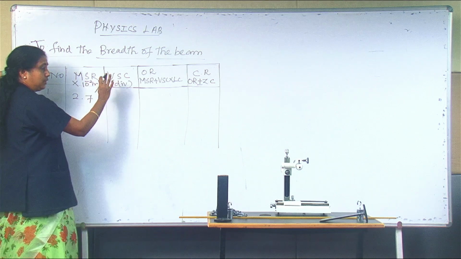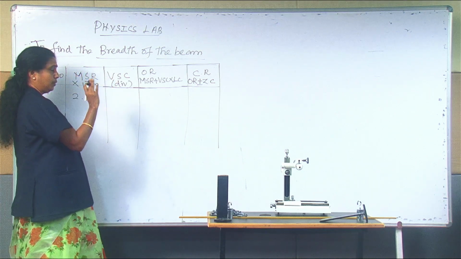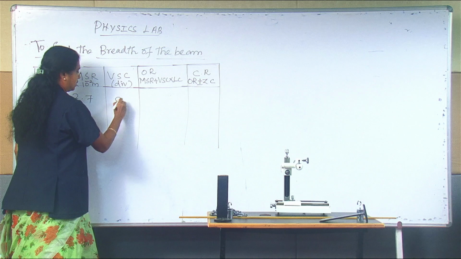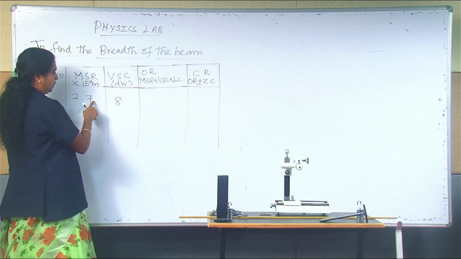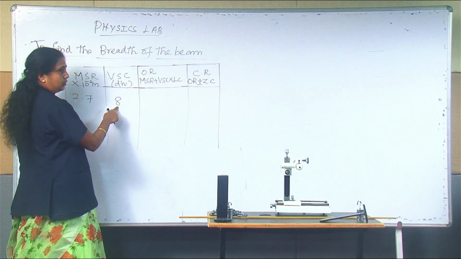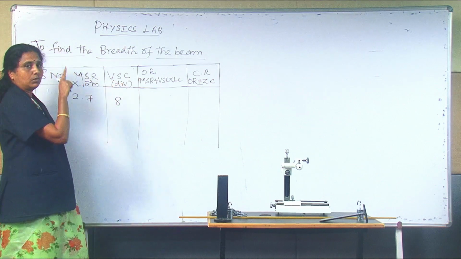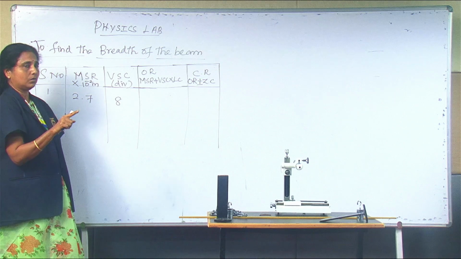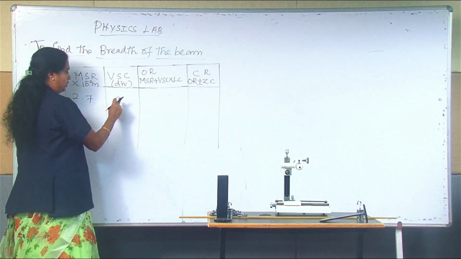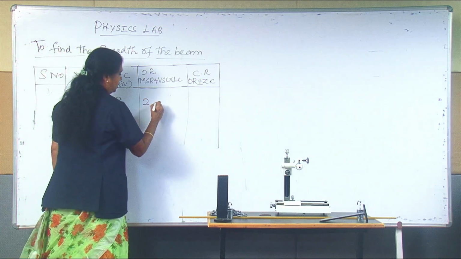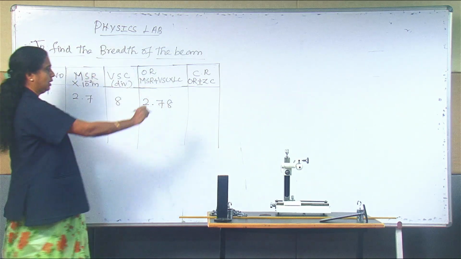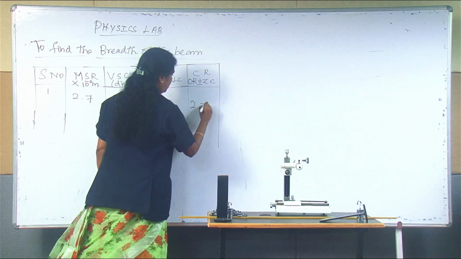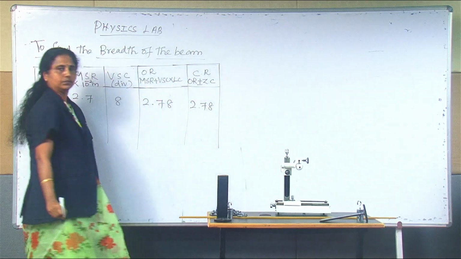I said the division on the vernier scale should be below 10 only, so I write it as 8. So observed reading is 2.7, and this 8 should be multiplied with the least count. You know the least count for the vernier is 0.01 centimeter, so it becomes 0.08. So 2.78. Simple. And correct reading is, as it is, 2.78.